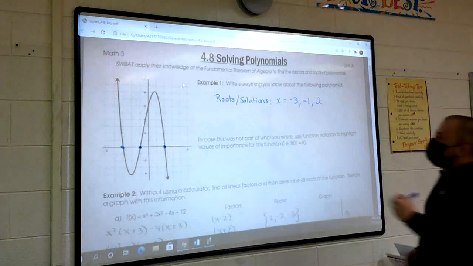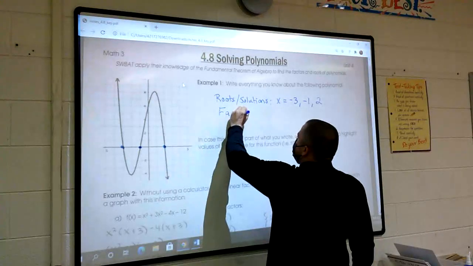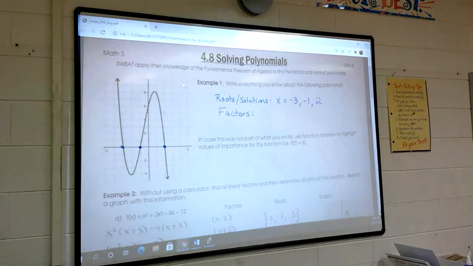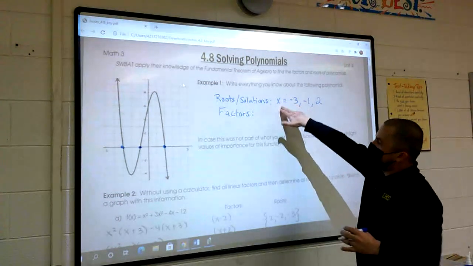We can also write those as what are called factors. So factors are taking those numbers and putting them in parentheses. When you put them in parentheses, you write the opposite, because we're going to say what makes x equal -3? Well, x plus 3 equals 0.